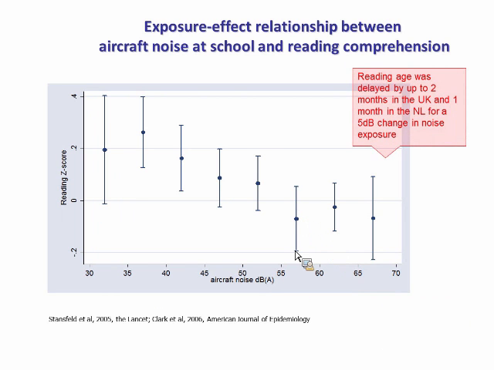And we found that for every 5 decibel change in noise exposure, your reading age was delayed by 2 months in the UK and by 1 month in the Netherlands. So if you're thinking your range of noise exposure might be 20 decibels, you could be seeing a delay of about 4 to 8 months in the child's reading age.